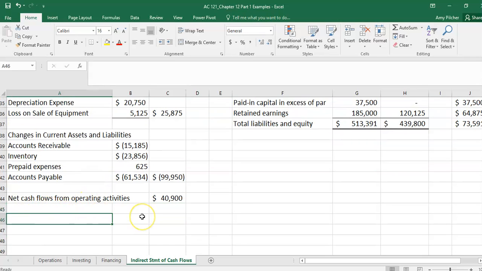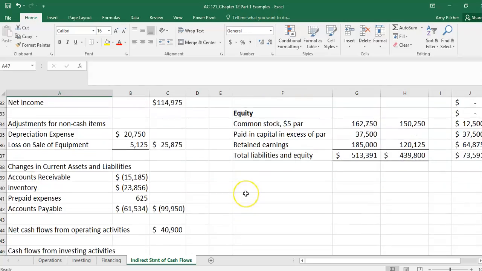Now we're ready to prepare the investing section. So cash flows from investing activities. So investing activities are our long-term assets, property, plant, and equipment, intangible assets, and long-term investments.